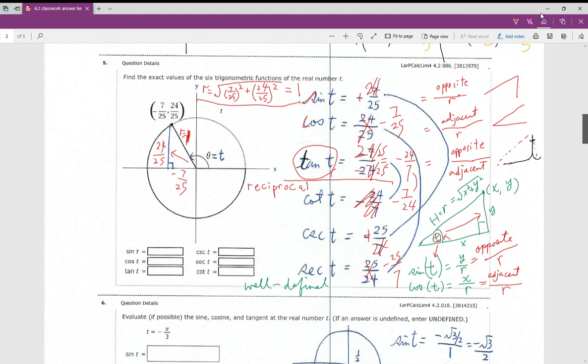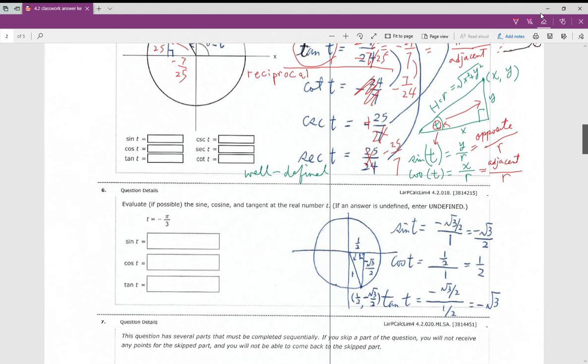Okay, so far, let me take a look here. Okay, so number 6. Did I make a mistake again? Let me see. Good, I didn't. Okay, so negative pi over 3. Remember we talked about the unit circle.